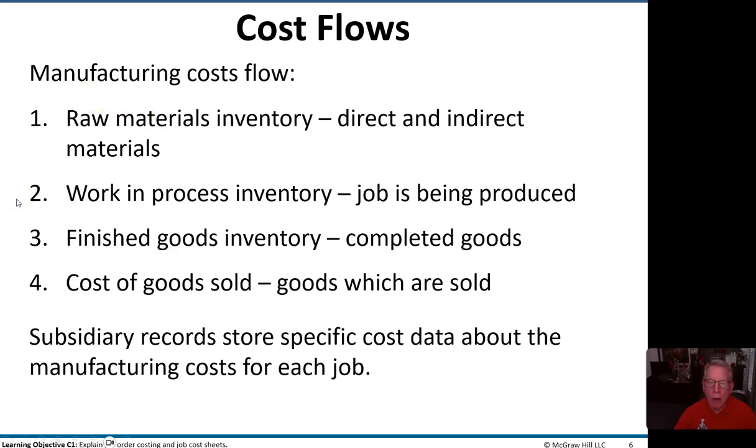Number 2, work in process inventory. That's the job that's being produced. Finished goods inventory is completed and ready to be sold, whereas cost of goods sold are goods that are sold. So we have subsidiary records that we store specific cost data about the manufacturing costs for each job.